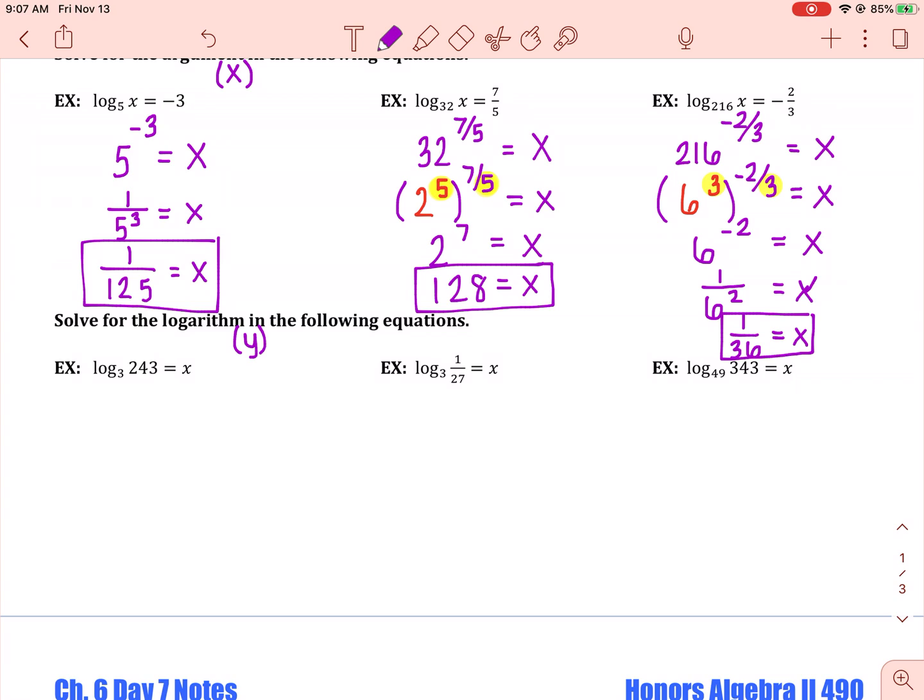So, again, we're in log form and we're stuck. First thing you want to do is put it into exponent format. So you take your base, raised to x, equals your argument. Well, we did learn a rule in our notes previous to this, that if you have like bases, your exponents will be equal.